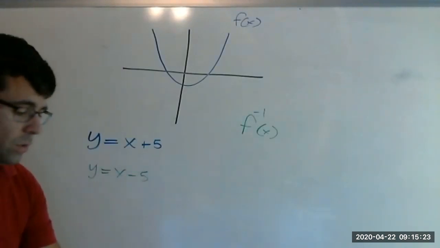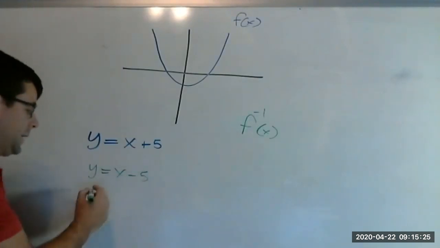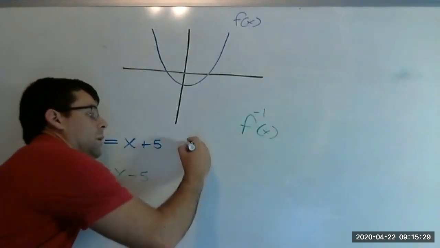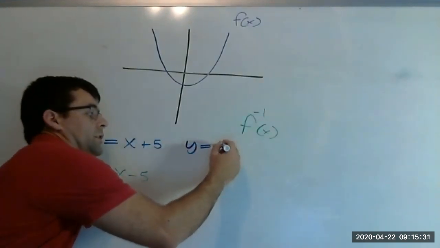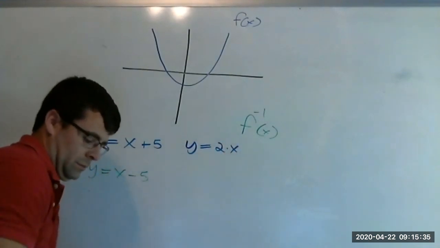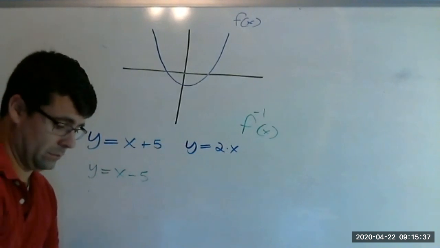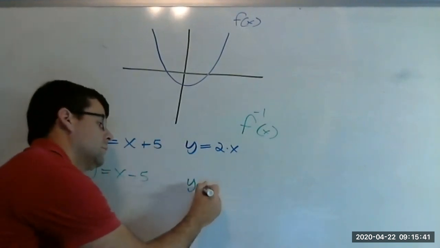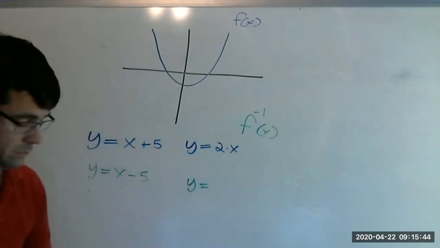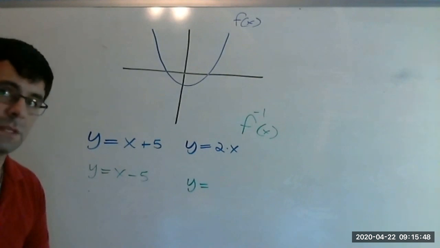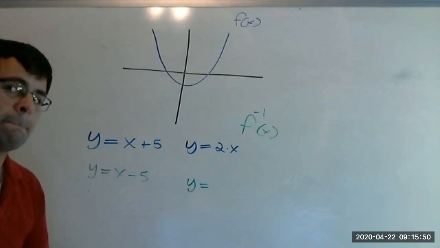Okay, so what about y equals 2 times x? Y equals 2 divided by x. Other way around.